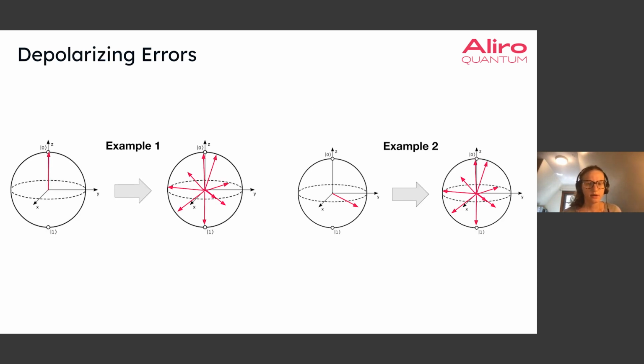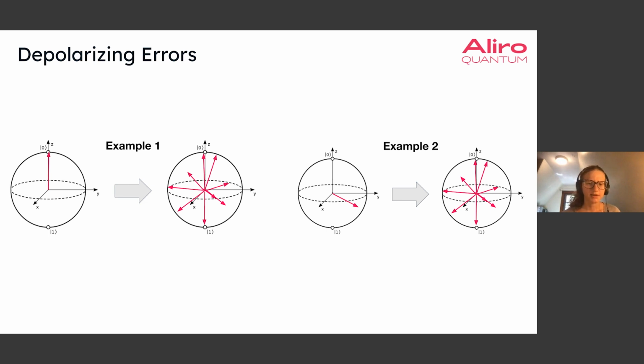We also have depolarizing errors. In this type of error, we could begin in the 0 state, and if our qubit experiences a depolarizing error, it has some probability of becoming a completely mixed state.